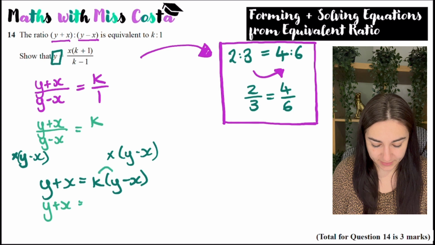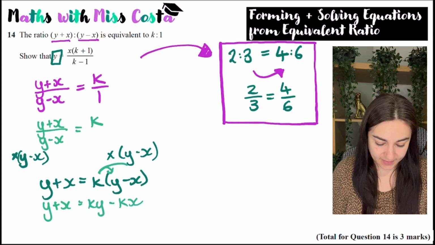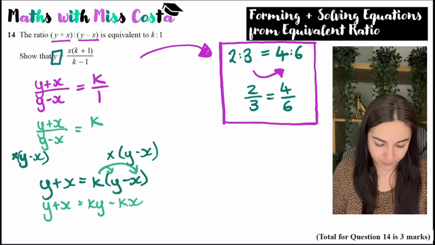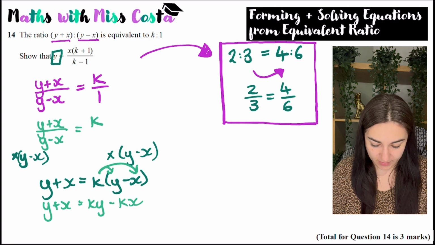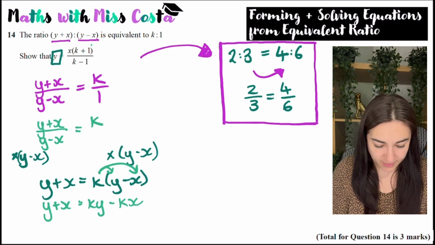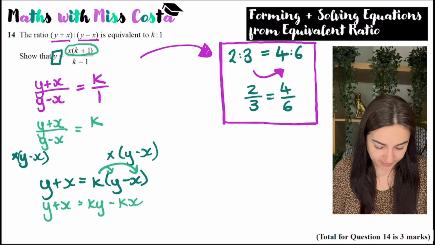y plus x is going to be ky minus kx. And if I want to make y the subject, I know that I need to bring together all of the y terms. So let's think about what it's wanting me to do, because there's a few ways we can do this. I know that x, if I factorised it, I want to get it to the form k plus 1.